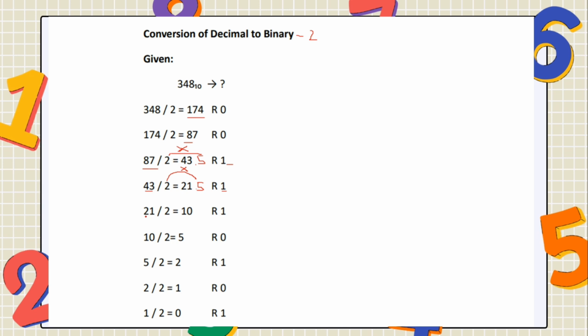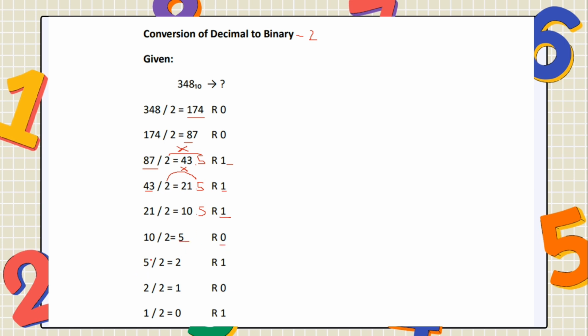So, put the whole number here. 21 divided by 2 equals 10.5. Remainder 1 again. So, 10 divided by 2 equals 5.